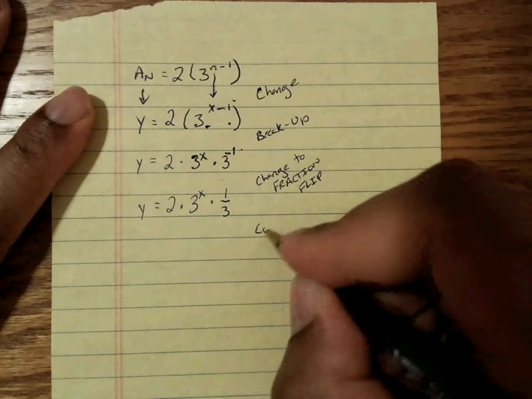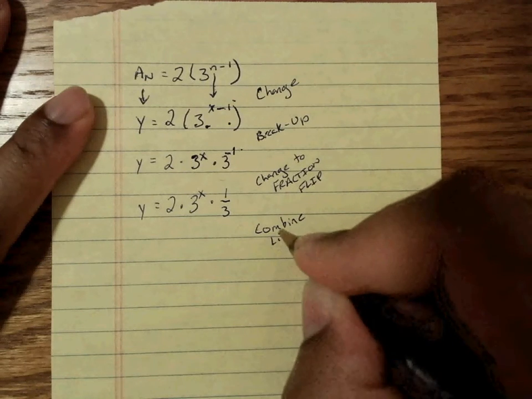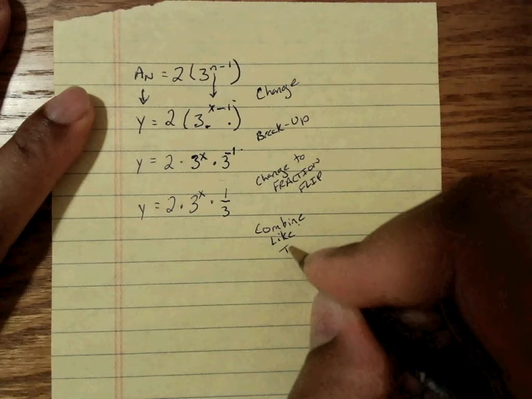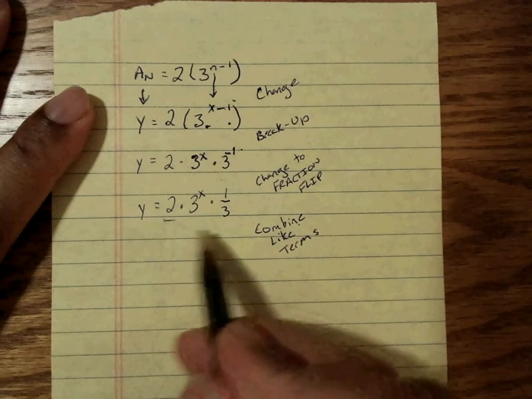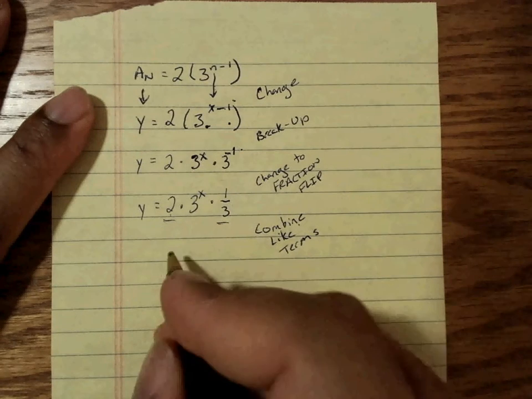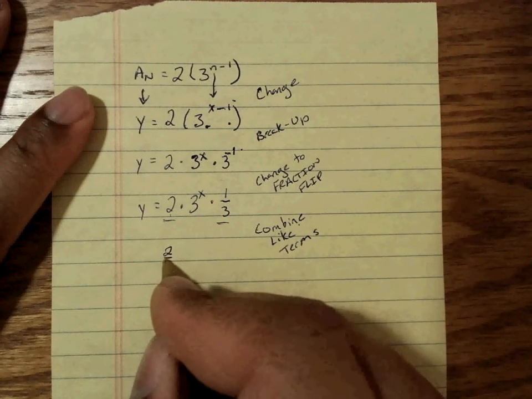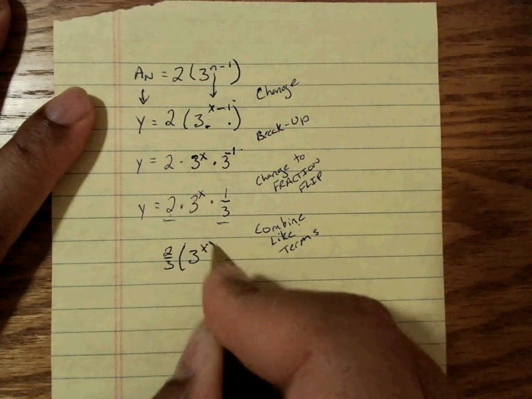And then we combine like terms. And we can see that our like terms are 2 and 1/3. So 2 times 1/3 is just 2/3. And then we have 3 to the x in front.